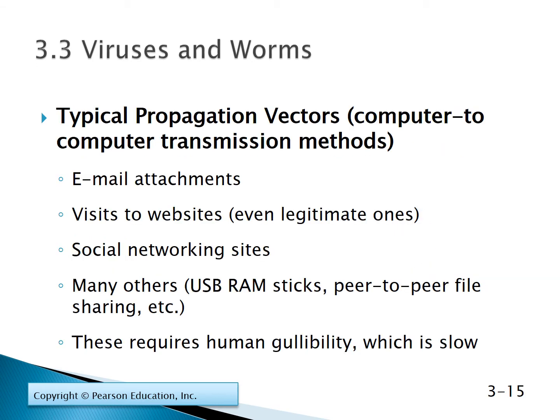So typical propagation methods, or sometimes we call it the propagation vectors, for computer-to-computer transmission for these viruses and worms include email attachments. This is very common these days.